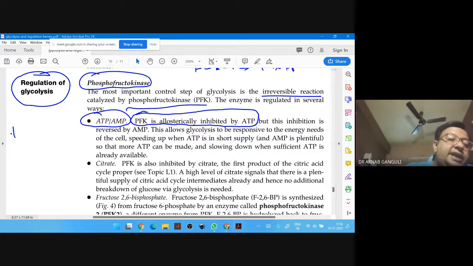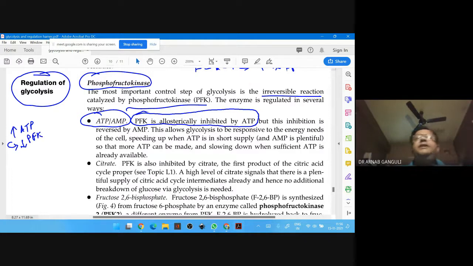So, high ATP inhibits PFK. This means no fructose 1,6-bisphosphate is formed from fructose 6-phosphate and glycolysis stops over there.